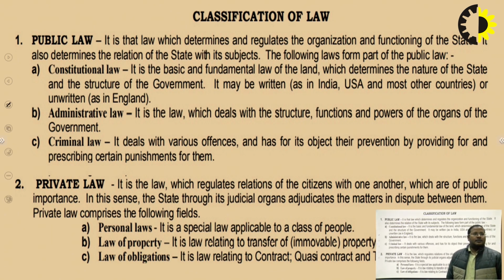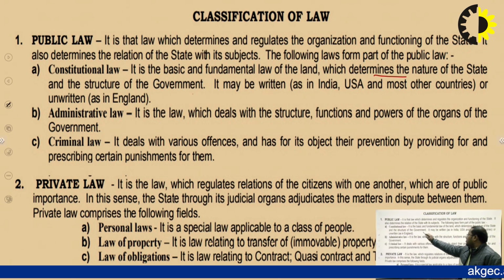Public law is that law which determines and regulates the organization and functioning of the state. It also determines the relation of the state with its subjects. The following laws form part of public law: constitutional law, administrative law, criminal law. Constitutional law is the basic and fundamental law of the land which determines the nature of the state and the structure of the government.